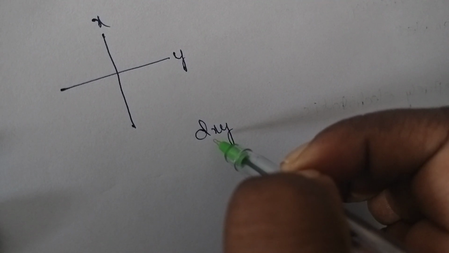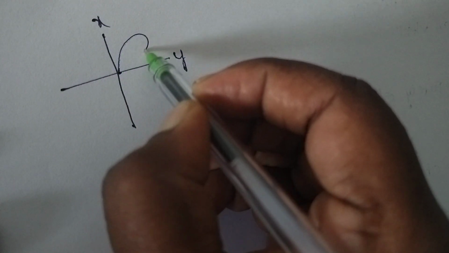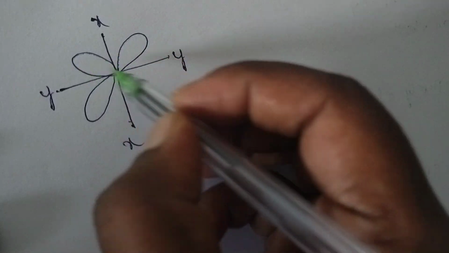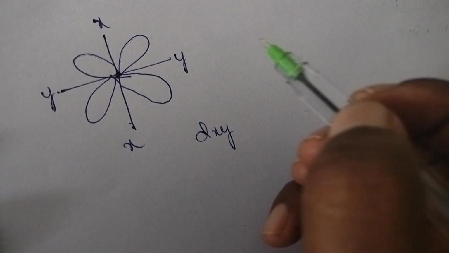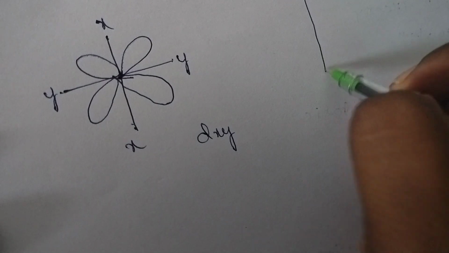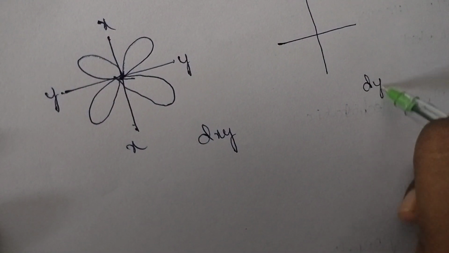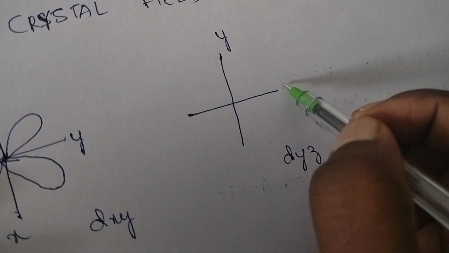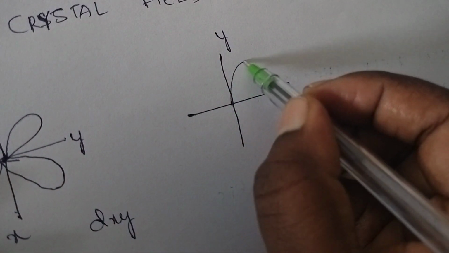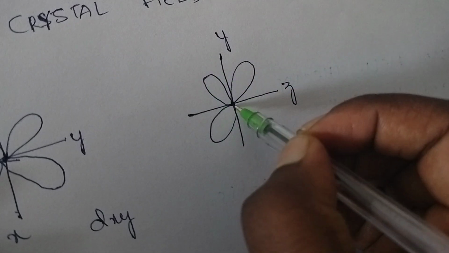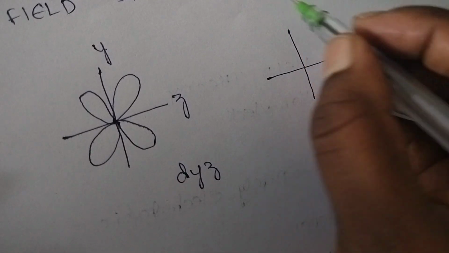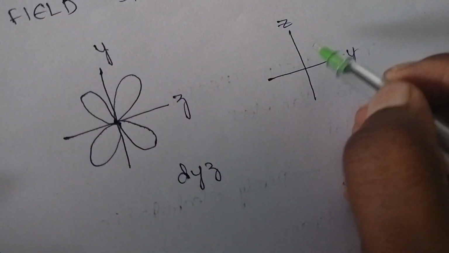The lobes of this orbital are present in between the axes, in between the x and y axes. Now if you see the dyz orbital, let us consider this as the y axis and this as the z axis. The lobes of this orbital are also present in between the axes.